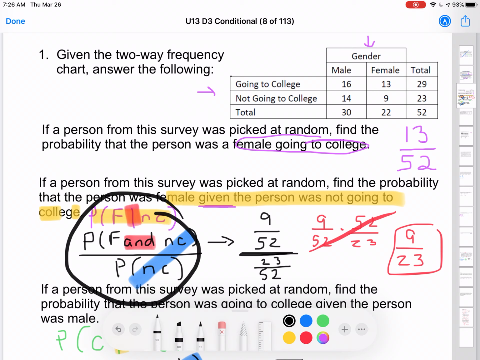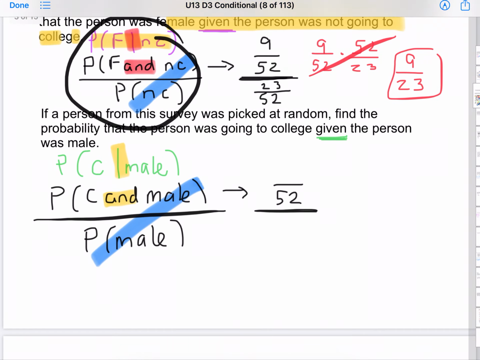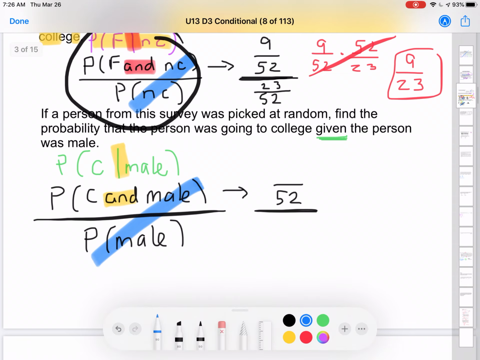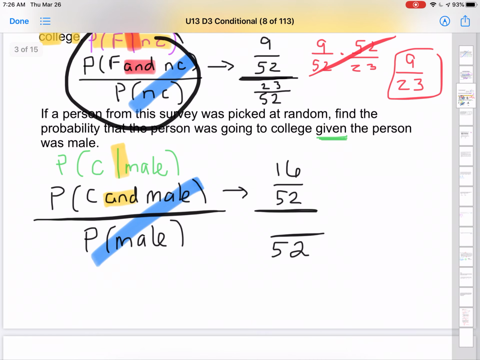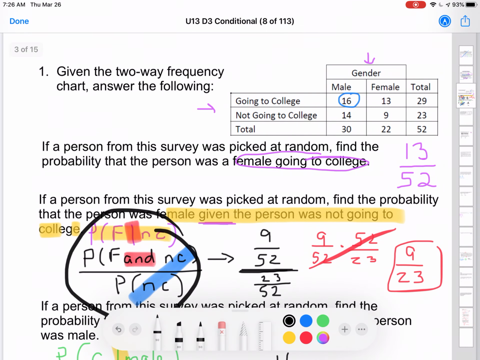Oh, I gotta use these thingies, sorry. 16. Okay, and then we'll go back down here. Right, we got 16. And now the next one, probability of male. So 52 again all together. And then we'll go back up and see how many males. So how many males do we have? 30.